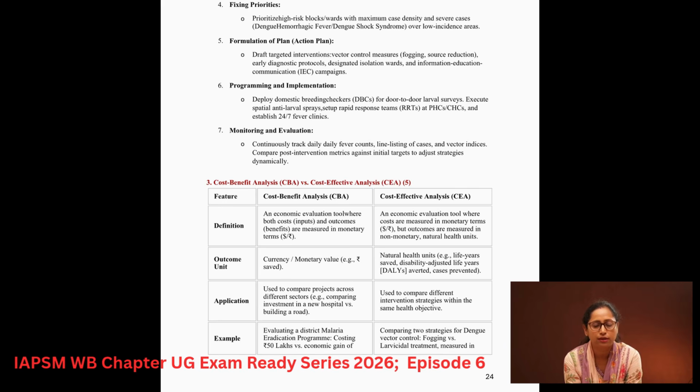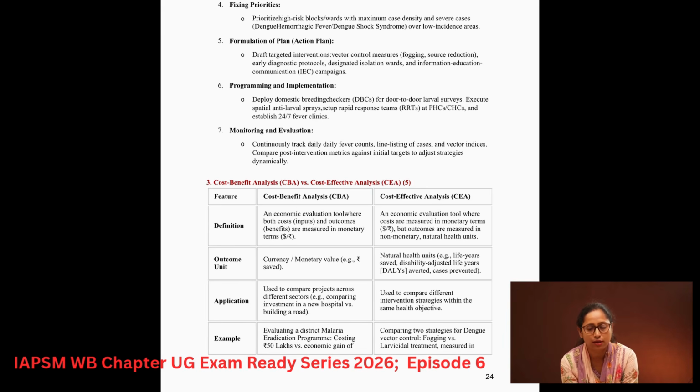In cost benefit analysis, it is an economic evaluation tool where both cost or input and outcome, that is the benefits, are measured in monetary terms. Cost effective, it is an economic evaluation tool where costs are measured in monetary terms, but outcomes are measured in non-monetary or natural health units. Then you talk about the outcome unit.